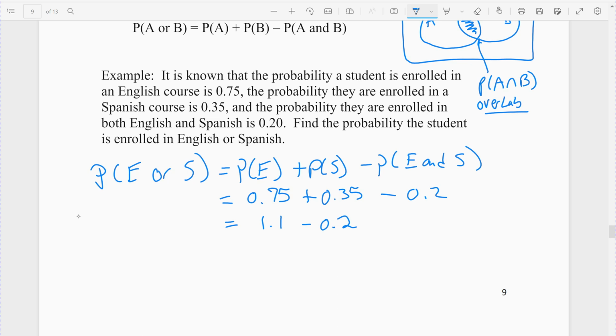You can't be 110%. And so that reminds me, there must have been some overlap that I need to subtract. There must have been people that we counted twice in both sets. And so when I subtract away the 0.2, the 20% who were in both, it comes out to 0.9 or 90% that were in English or a Spanish class.